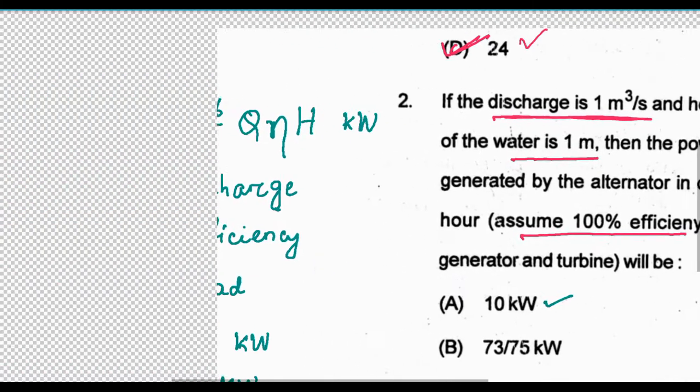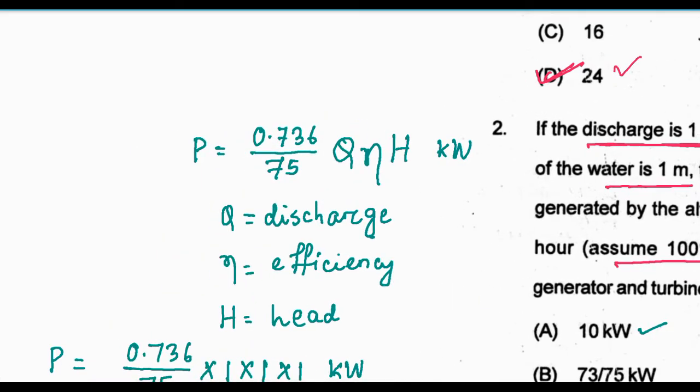So we have the formula 0.736 by 75 into Q into eta into H, where Q is the discharge, eta is the efficiency, and H is the head, and this is in kilowatt.